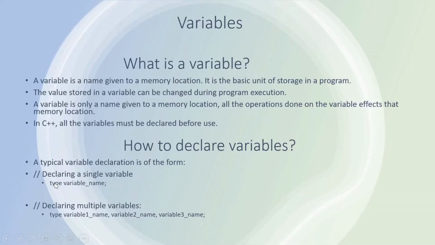So you have to provide the data type of the variable and then the variable name. If you want to declare multiple variables, you also provide the data type and then the variable name, comma, second variable name, and third variable name. You can create multiple variables of the same data type using this syntax.